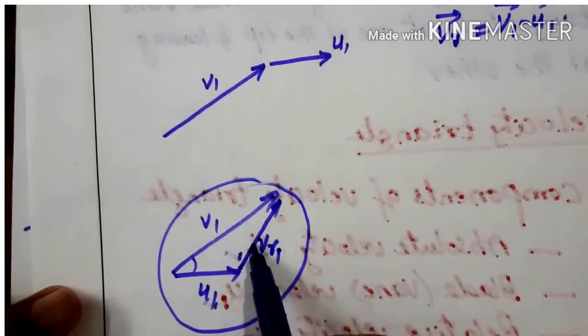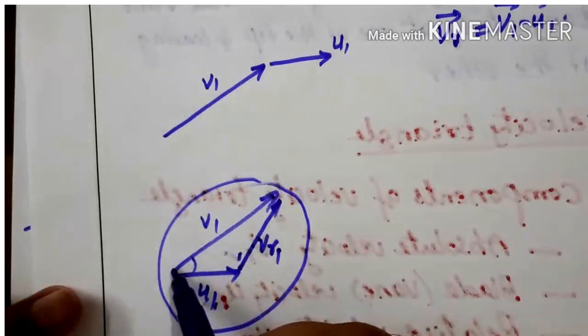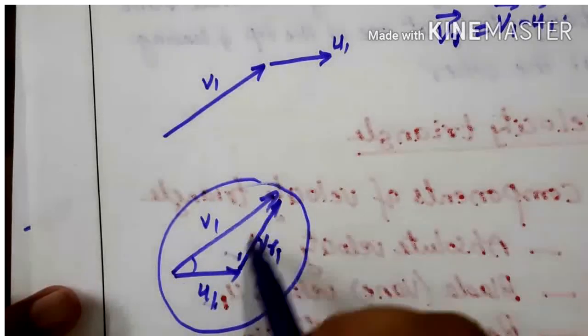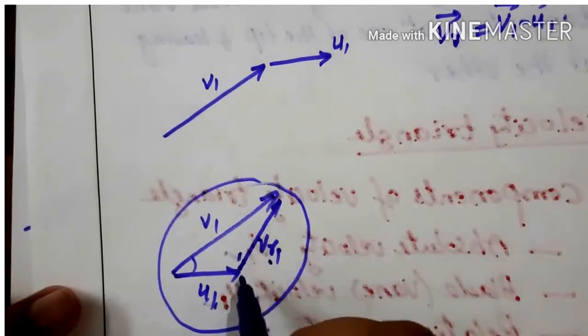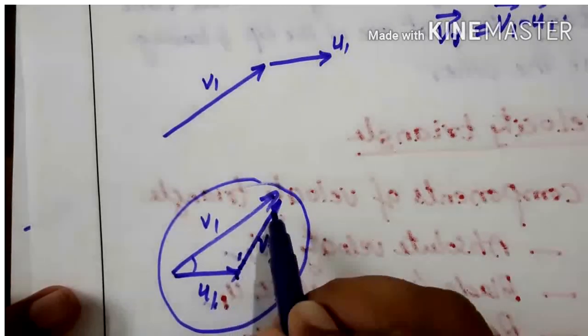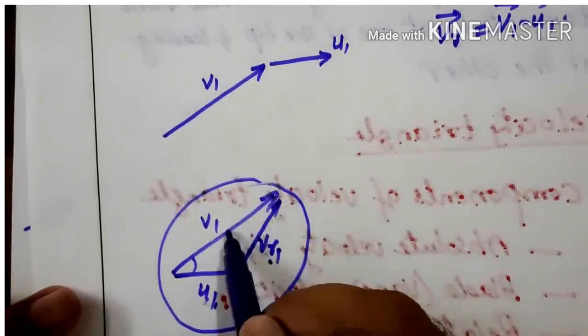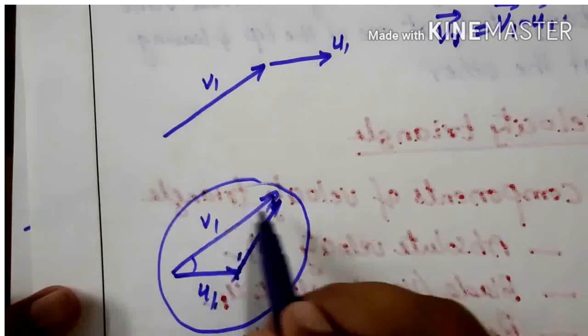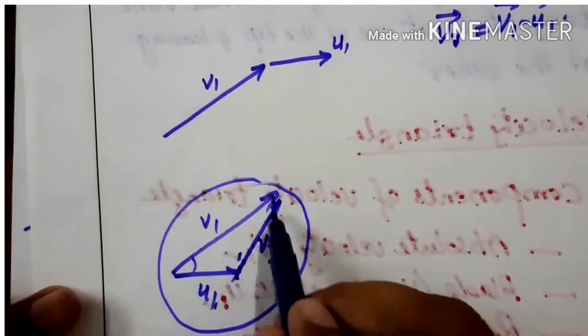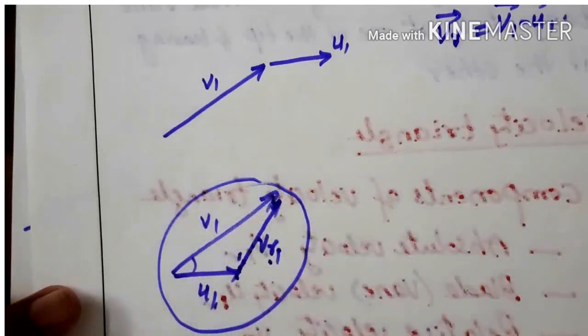The tail of the relative velocity is joined with the head of the absolute velocity. This represents the relative velocity, and this entire triangle is what we call a velocity triangle.